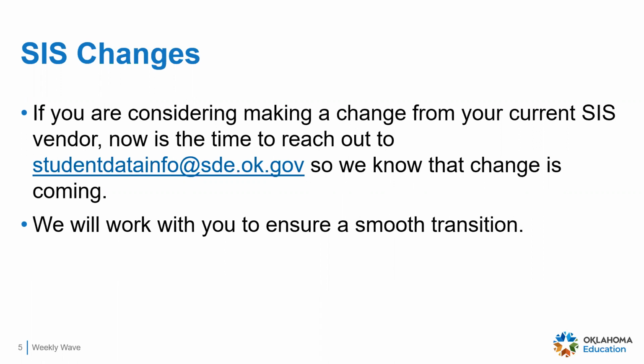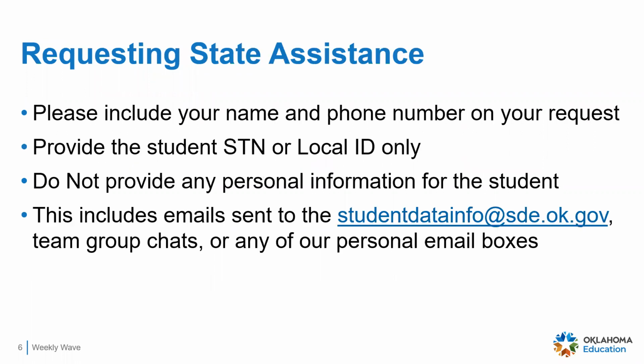Other than that, we're going to move on to requesting state assistance. Please remember, when you ask for assistance from us via email, group chats, our personal email boxes, please include your name and phone number. That way, if we have to get back with you for any reason, we have a phone number to do that.